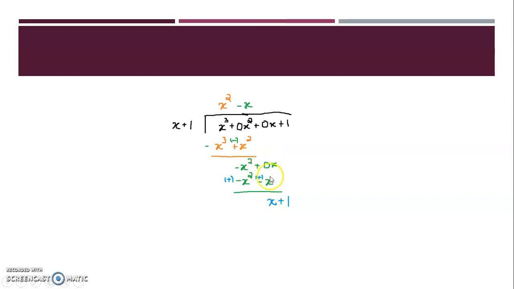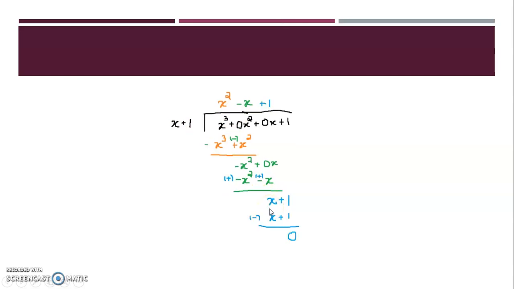Alright, so we have 1x, 0x, on adding we'll get 1x. So we bring down the 1. So now we have, what into x will give us x? That is 1, in fact plus 1.